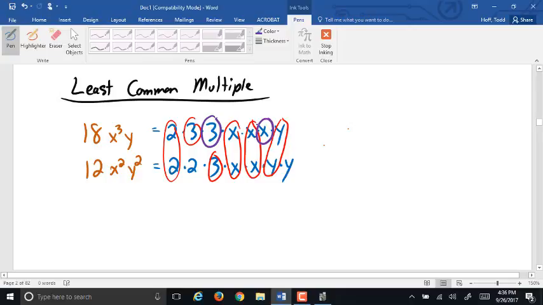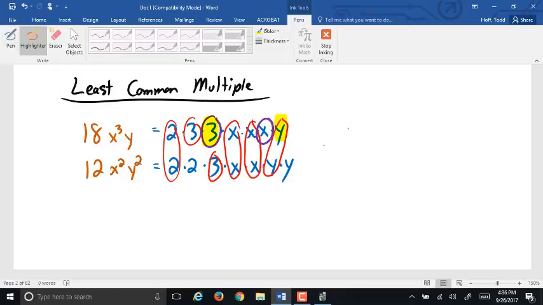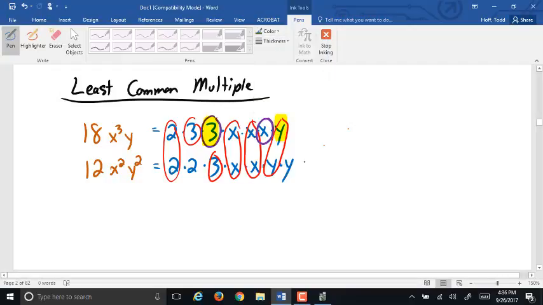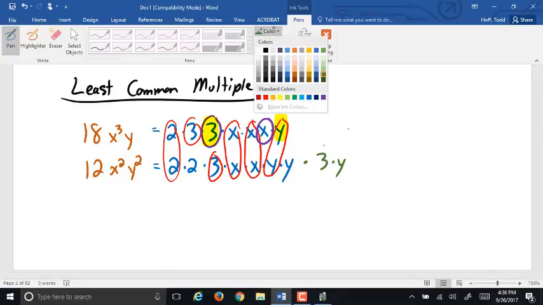The top number has a 3 and a y that's not shared with the bottom number. That's telling us that they are short of common multiples by a 3 and a y. So the bottom number is going to have to be multiplied by 3 and by y to include those missing factors. Well, the bottom number has factors that the top one doesn't have. What are they?